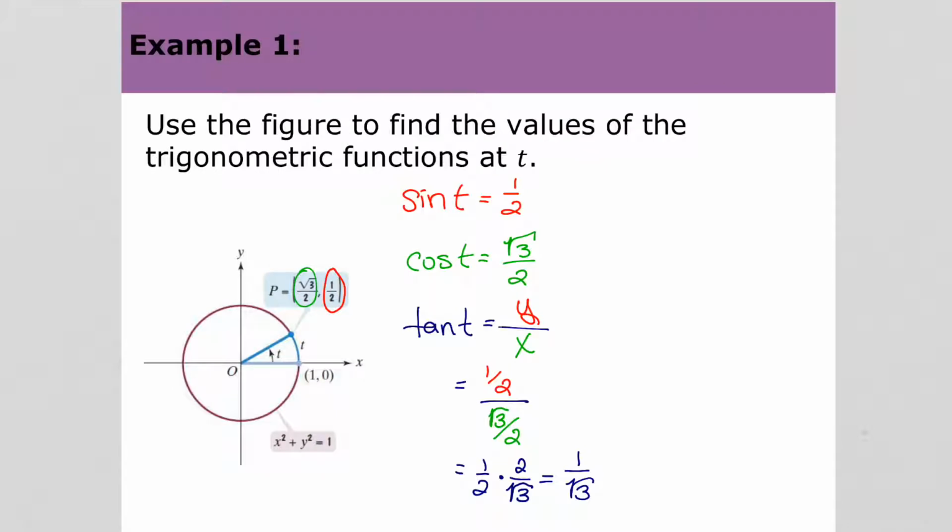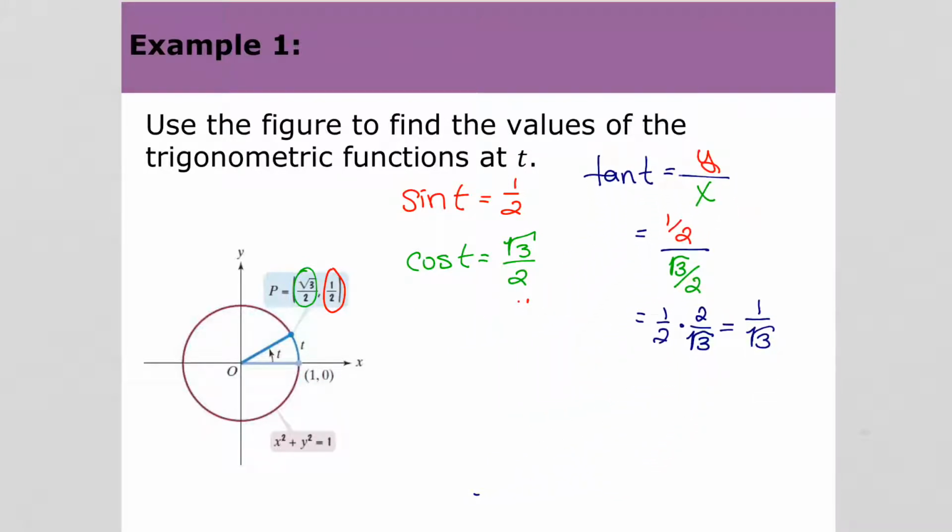Just looking to see if I have extra space. I do. So let's take tangent, put it up here. We can't leave it in terms of 1 over square root of 3. Some old dude long time ago decided that it was ugly to put a square root on the bottom. As far as I know, there is no other reason why you can't have a square root on the bottom of the fraction.